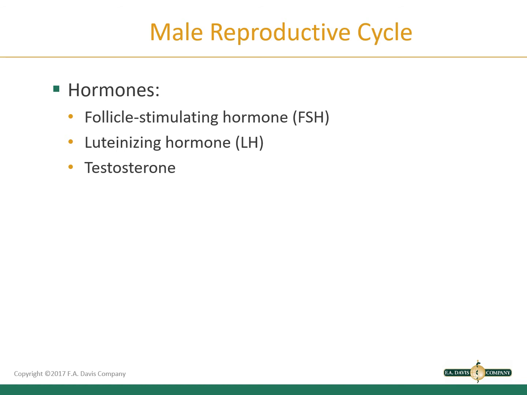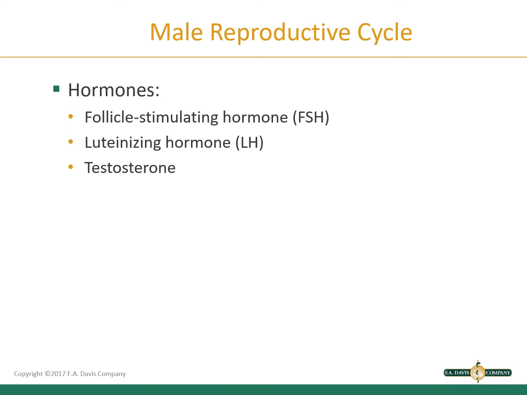FSH and LH are produced by the pituitary gland located at the base of the brain. Your follicle-stimulating hormone, or FSH, is necessary for sperm production, which is called spermatogenesis.